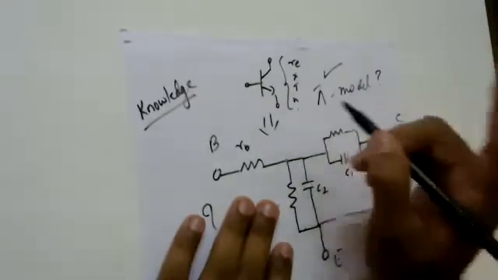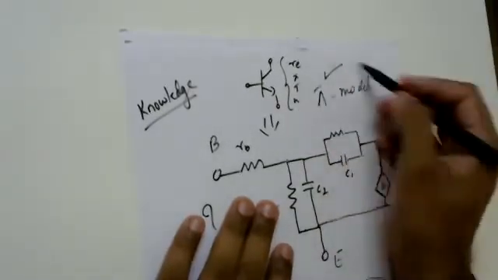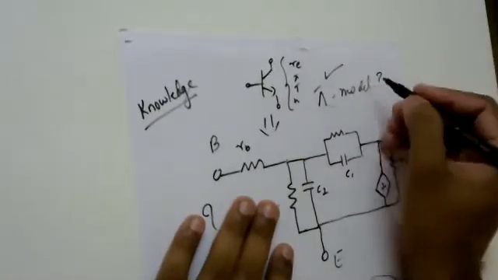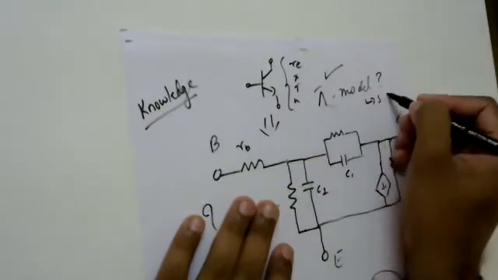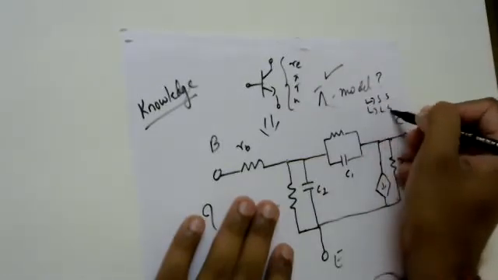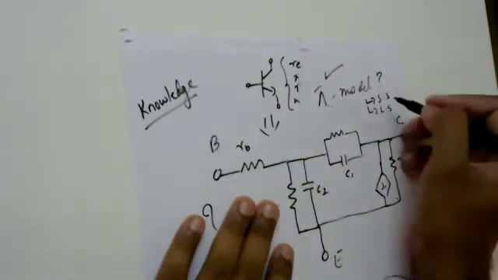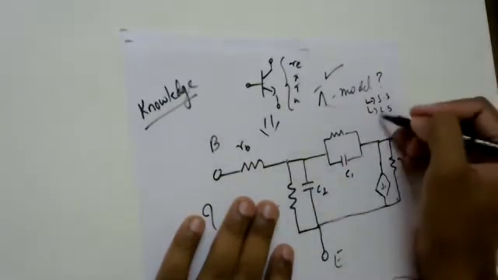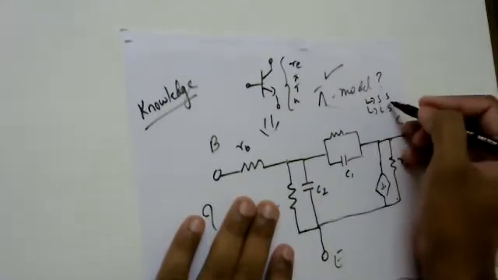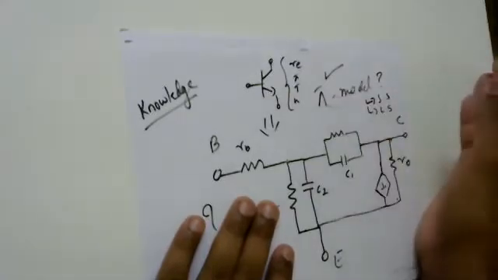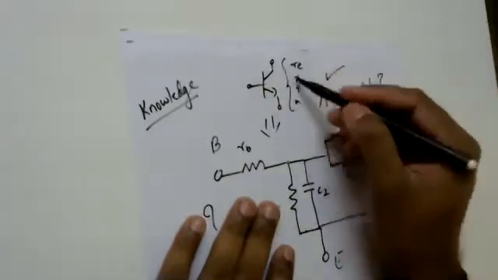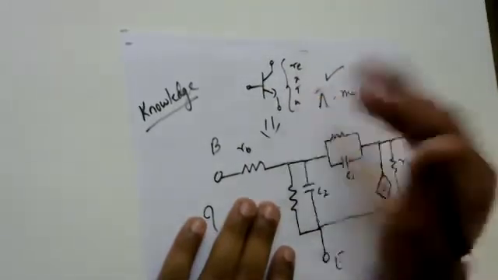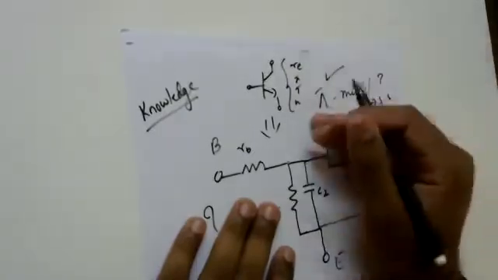Because the pi model with a small modification can be used both for small signal and for large signal. The same circuitry can be used for small signal analysis as well as large signal analysis. In the other cases, I can use it only for large signals. I cannot use it for small signals because of its drawbacks.